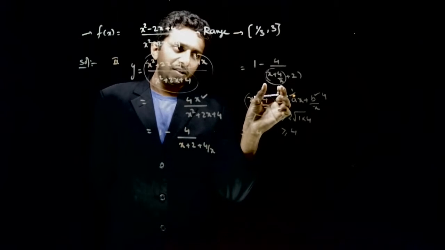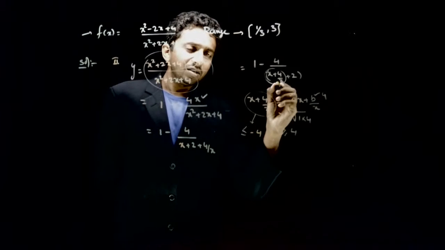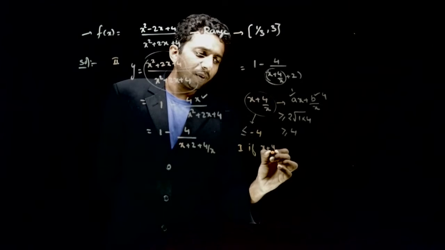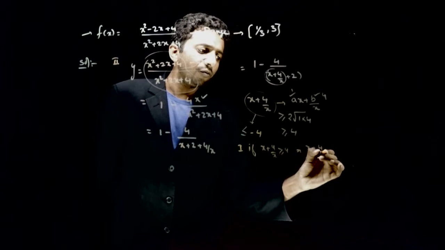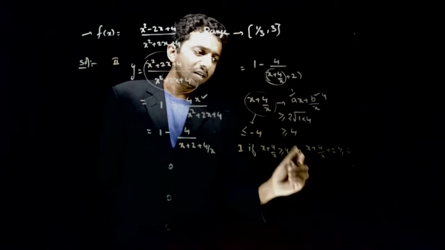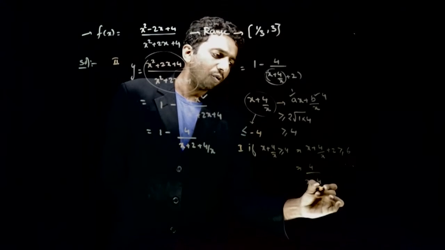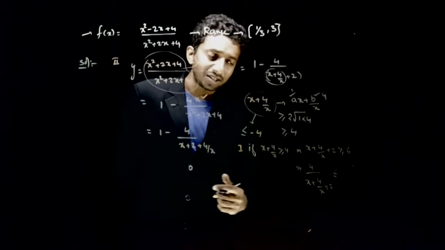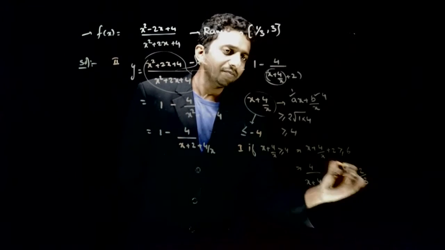अगर ये 4 से बड़ा है तो plus 2 करने के बाद 6 से बड़ा होगा. So case 1, if x plus 4 by x is greater than or equal to 4, this implies x plus 4 by x plus 2 is greater than or equal to 6. Right? So this implies 4 by x plus 4 by x plus 2 is less than or equal to, reciprocal किया तो less हो जाएगा, 4 by 6, that is 2 by 3.